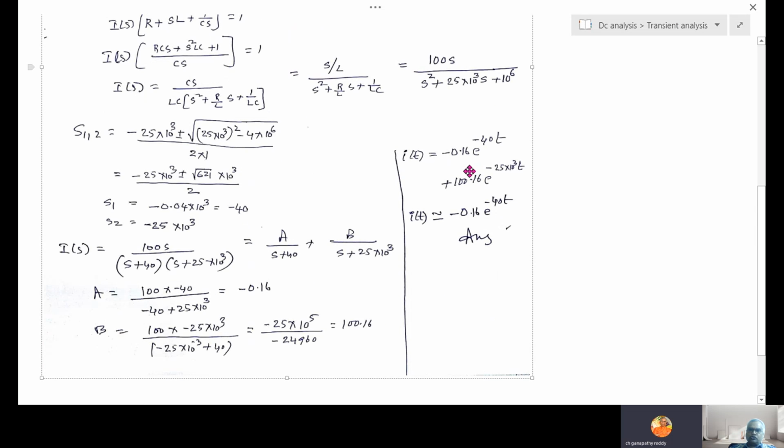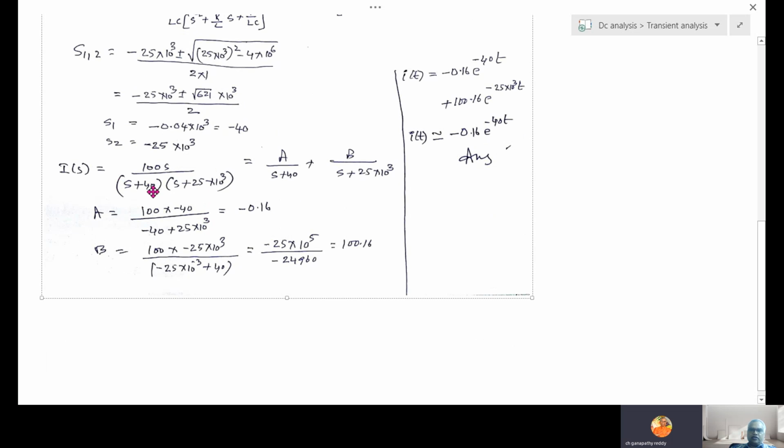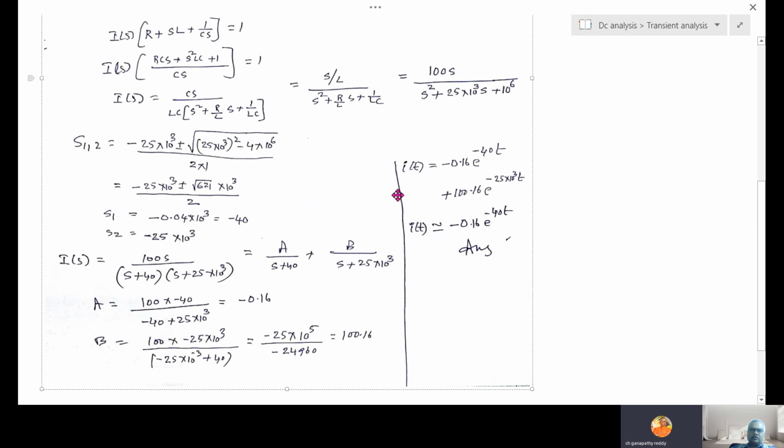You have to find the roots of the quadratic equation. S1 is minus 40, S2 is minus 25 into 10 power 3. You got it. Then use partial fractions, find A and B, then take the inverse.